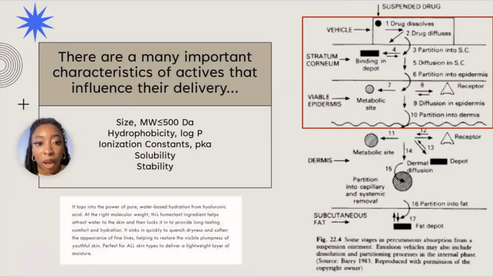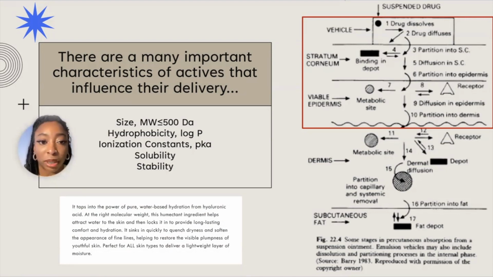So when we think about large ingredients like hyaluronic acid or collagen, these are molecules that have molecular weights in the thousands, and they can provide surface hydration, but they're not going to penetrate the skin. They will just sit on the surface, despite what might be told to you.